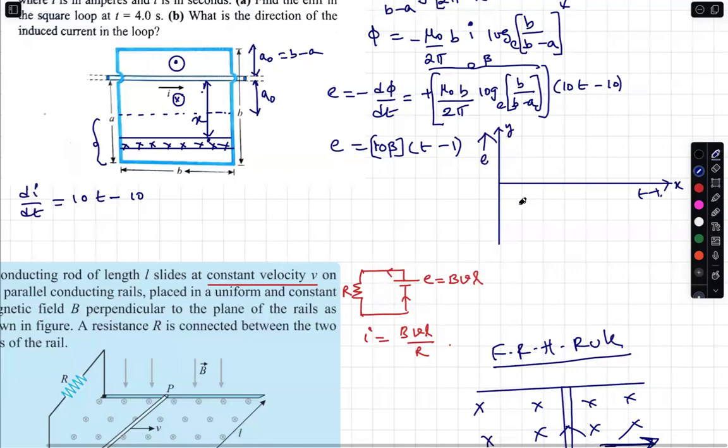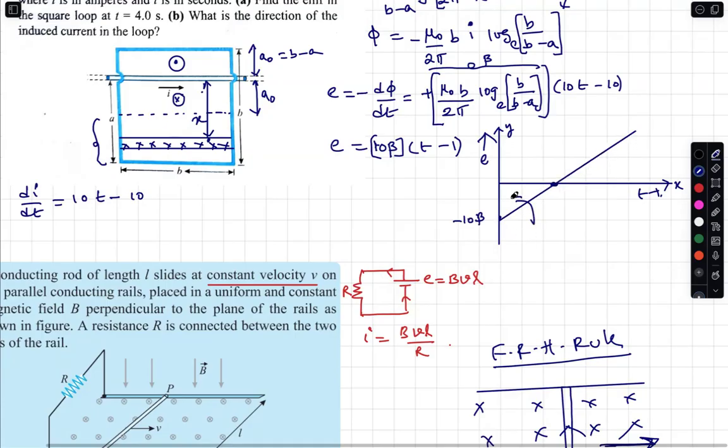At t equal to 0, you have EMF minus 10 beta. At t equal to 1, you have EMF 0. Thereafter, it's a straight line like this.